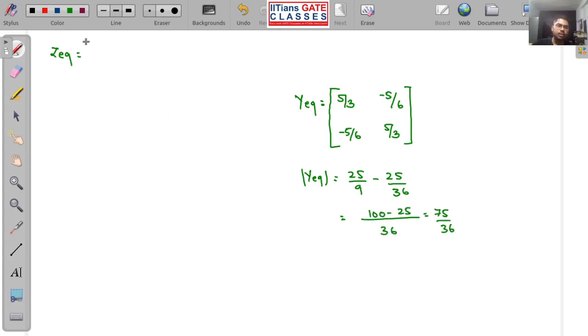Now Z equivalent will be very simple. Principal diagonal elements will be interchanged, 5 by 3, 5 by 3. Off diagonal elements will be multiplied by minus 1, so minus into minus gives plus 5 by 6, 5 by 6, multiplied by 1 over 75 by 36. So it will come above. Fine, so I have my Z equivalent now.